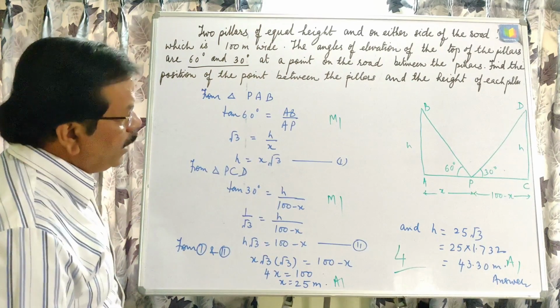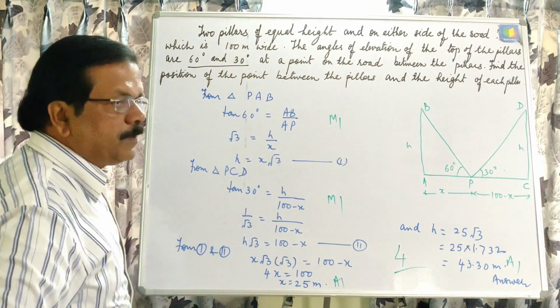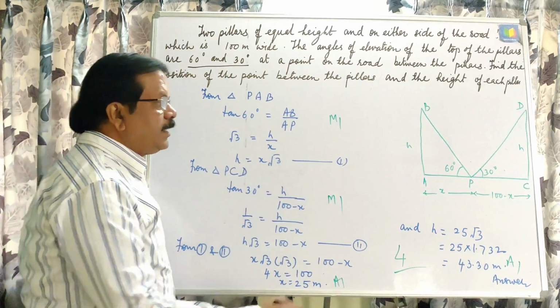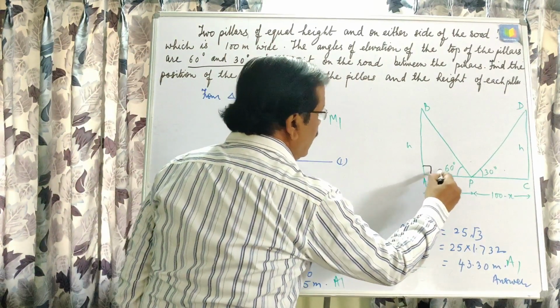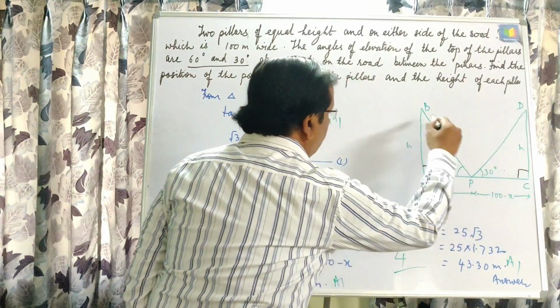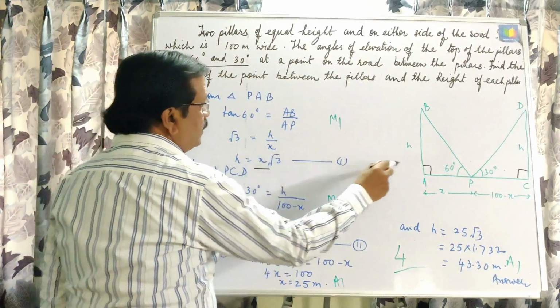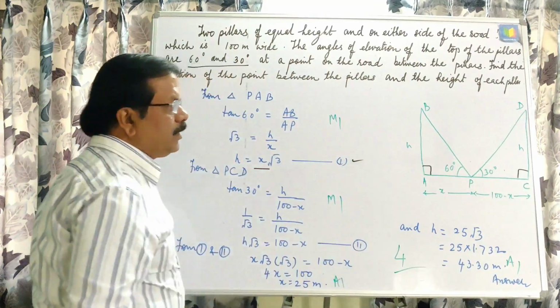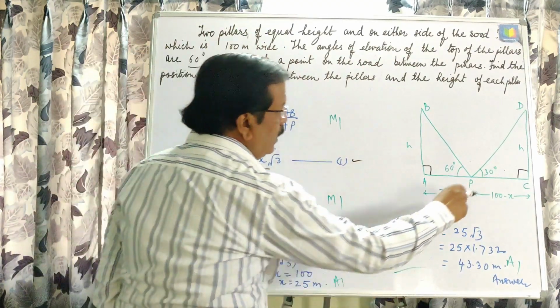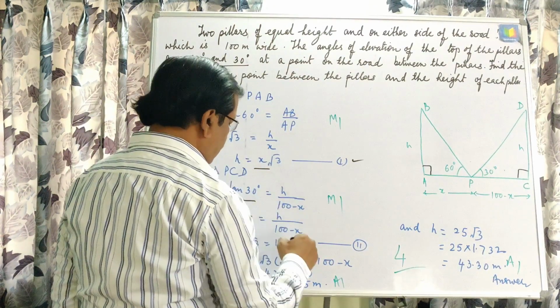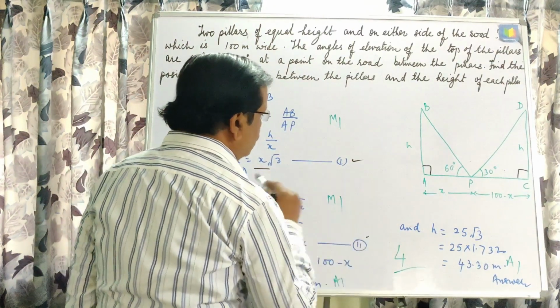Okay, now again after drawing the figure, you can see that there are two right angle triangles. In this triangle, h upon x is equal to tan 60 degree. We are getting one equation. In this triangle, h upon 100 minus x is equal to tan 30 degree. We are getting another equation.